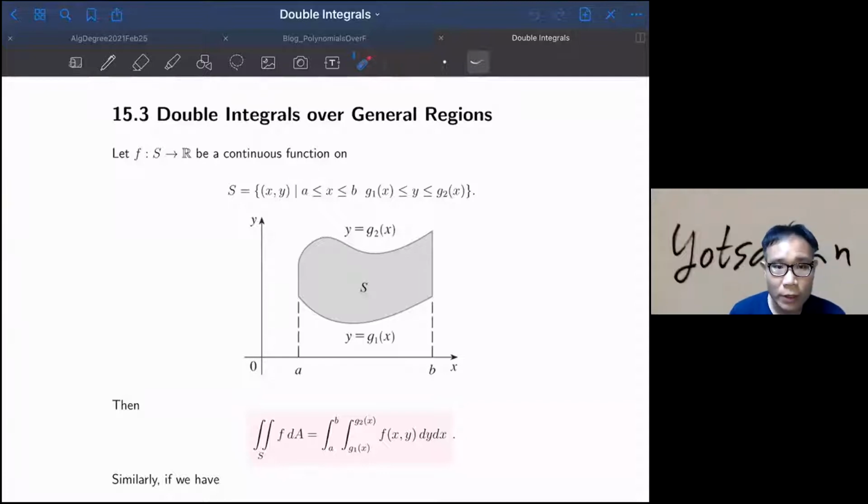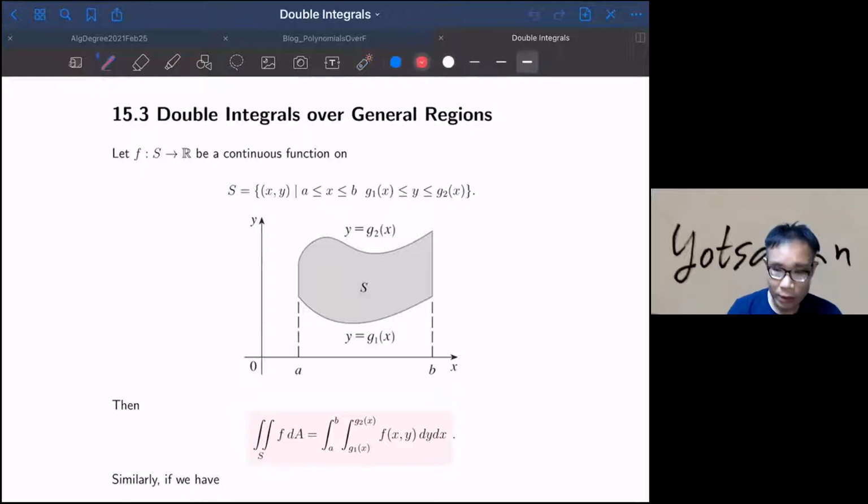However, for this general region, you see that the region S can be any region bounded between two curves. So you have the region S given in this picture, bounded between the curve y equal to g1(x) and y equal to g2(x). From your instinct, you're going to run in this way.